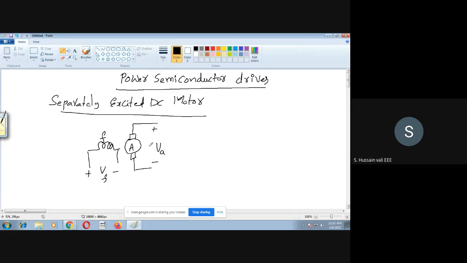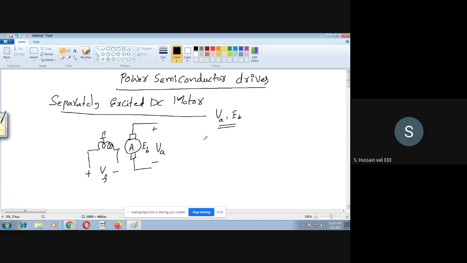There is no interconnection between VF and VA, so we call this a separately excited DC motor. The EMF induced in the armature is the back EMF, which I will call EB. What is the relationship between VA and EB? It's only recalling previous subjects.